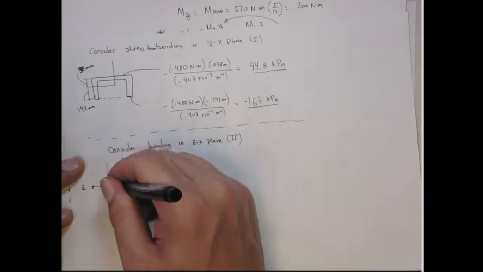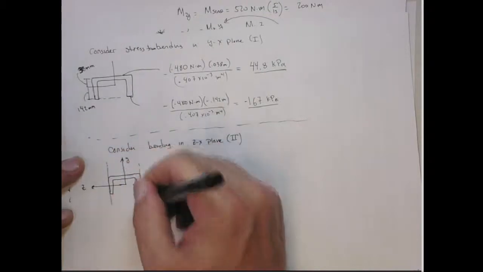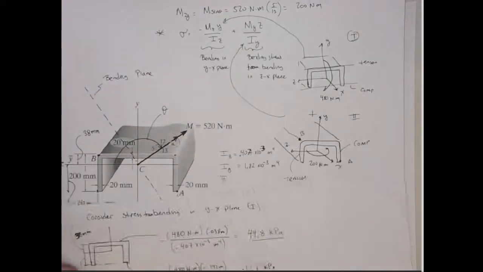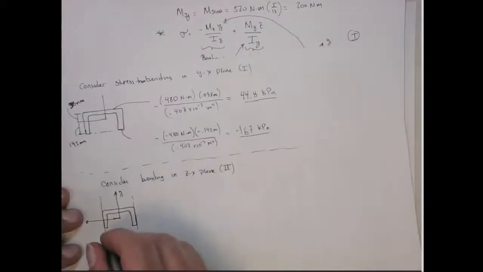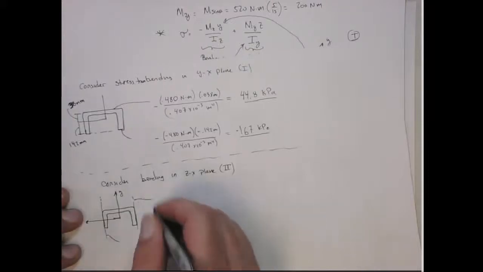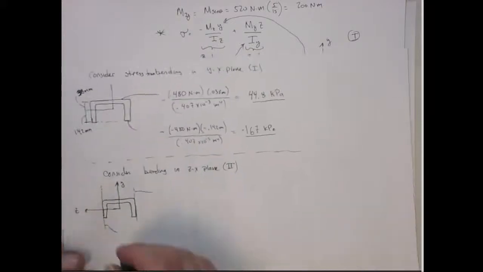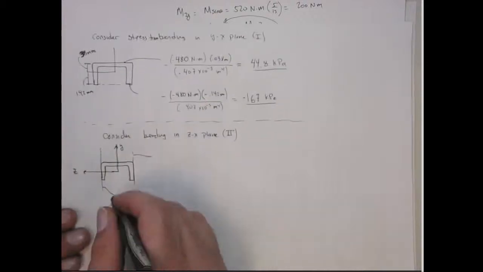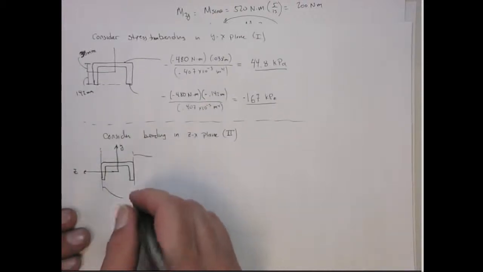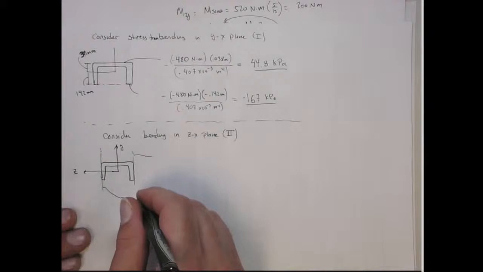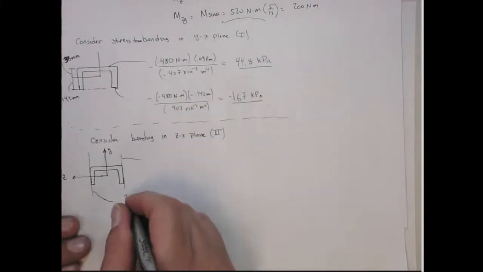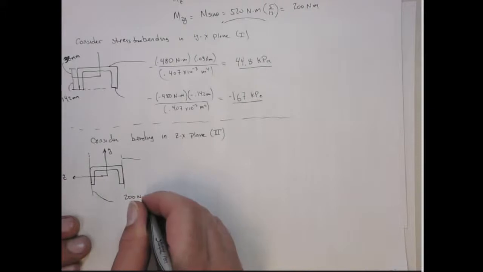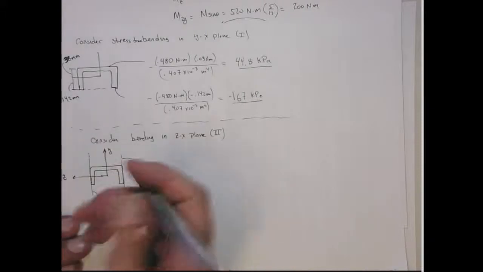all right, such that this side is going to be a tension side, and this side will be in compression. So if we wanted to get the stress here, that's going to be that moment, M, which is 200, the component of M around the y-axis.